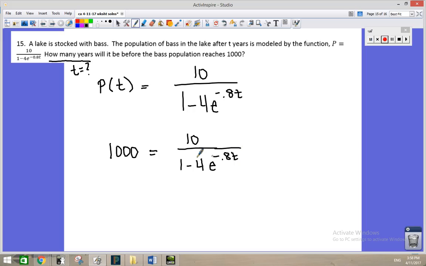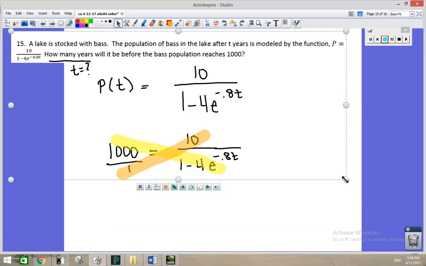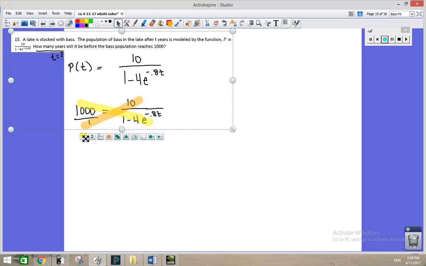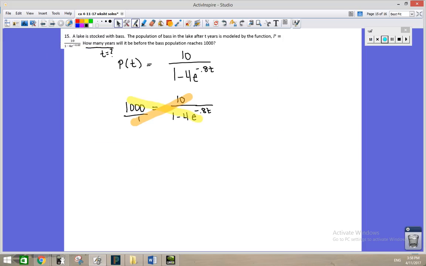Right-hand side's a fraction. Let's write the left-hand side as a fraction. We have a ratio, the claim that two proportions are the same. We're going to multiply along one diagonal and also multiply along the other diagonal. And students seem to like this technique of cross-multiplying to solve proportions.